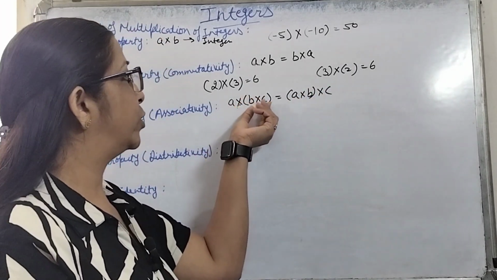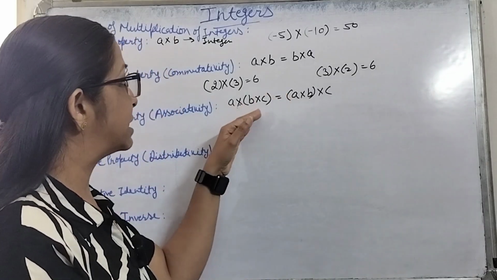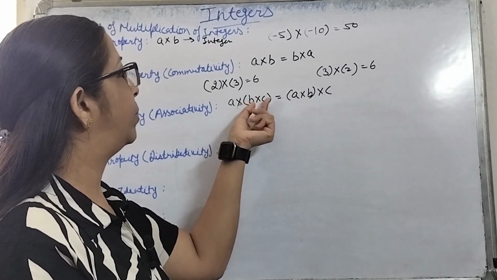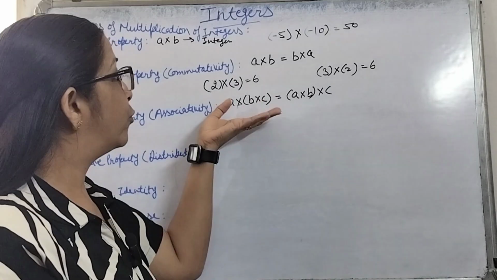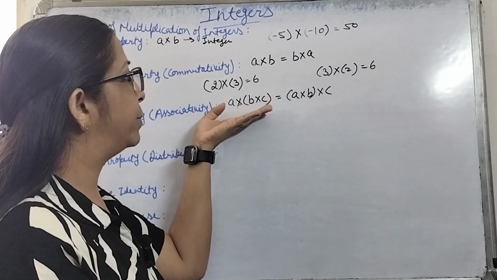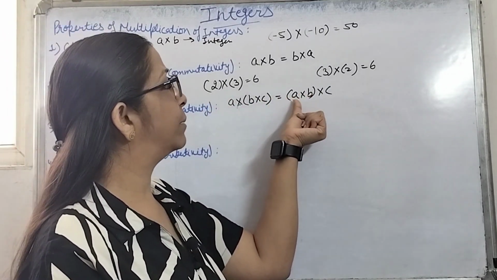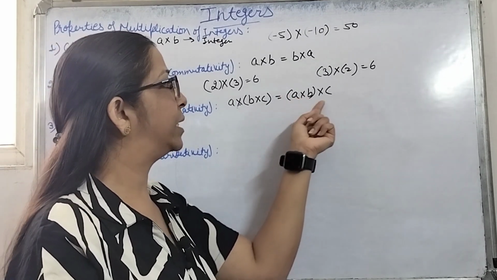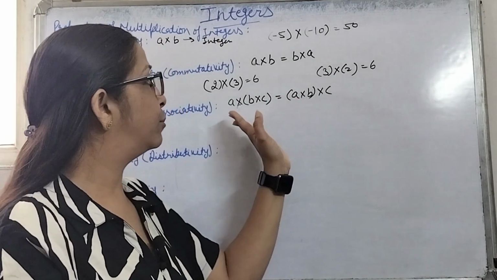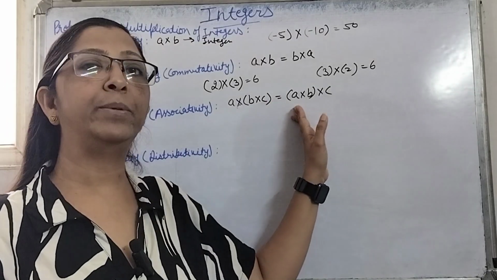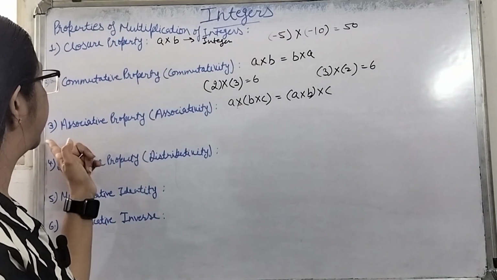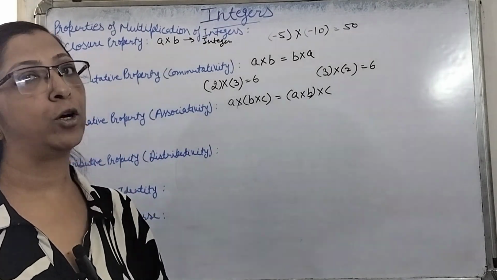That means if we change the grouping, in this case we multiply b and c first, and whatever the product is, we multiply it by a. The final answer will be equivalent to multiplying a and b first, and then multiplying the product by c. In both cases, the product will be the same. So we say that multiplication of integers satisfies the associative property.